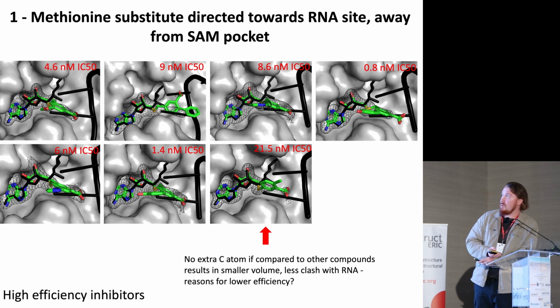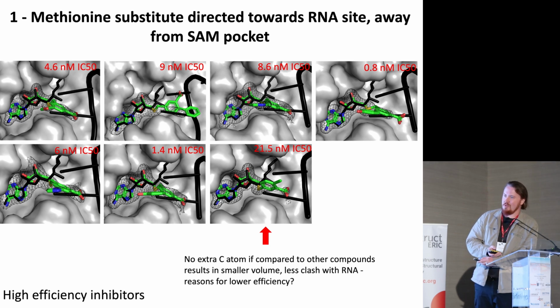Here you can see our compounds, and in black are superimposed S-adenosyl-methionine and the RNA backbone. What's common for all the compounds in this mode? The electron density is quite good for the adenosine part everywhere. However, for the substituent part, the electron density is much poorer. But it was still reasonable enough for us to conclude that it definitely clashes with the RNA substrate in all of these cases.